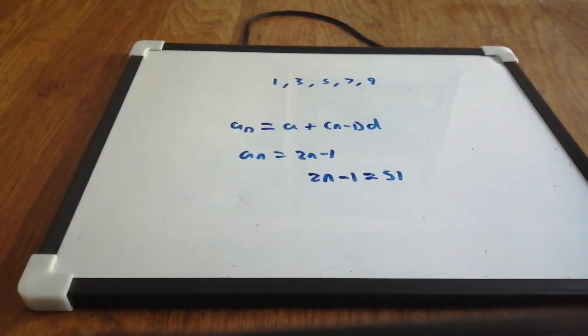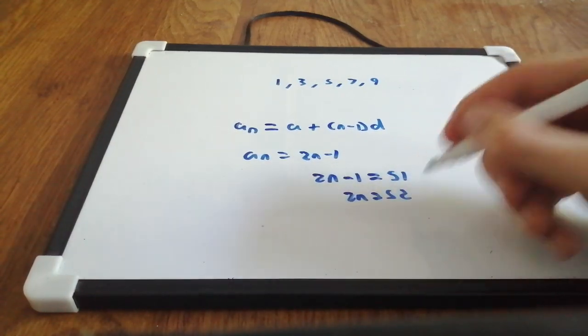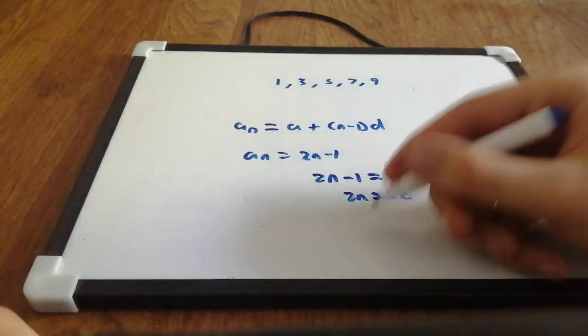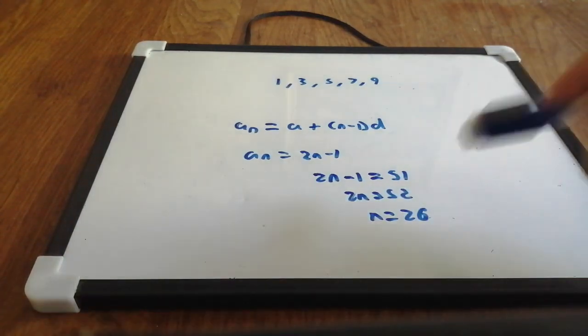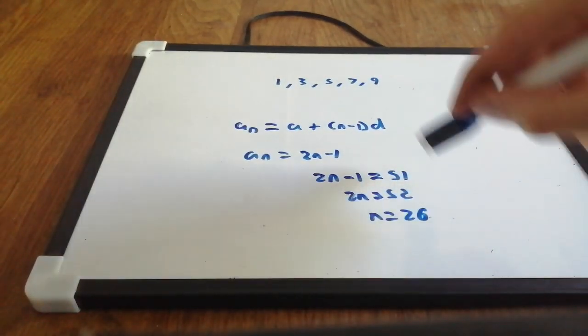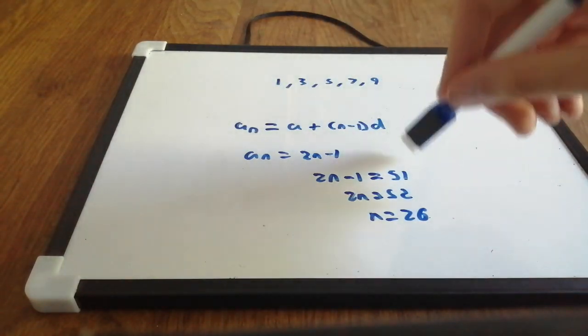And then from here we just go about solving it. So add 1 to both sides to get 2n equals 52. And then we simplify to get n equals 26. So what this means is that at the 26th term, this sequence is going to be equal to 51.